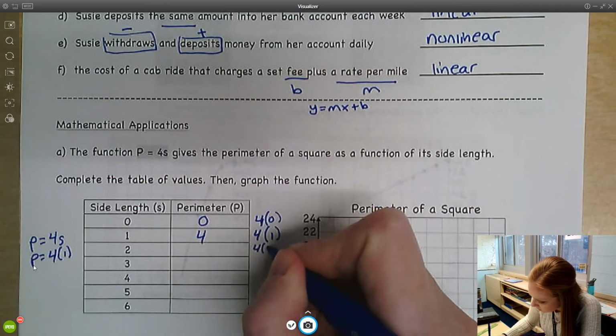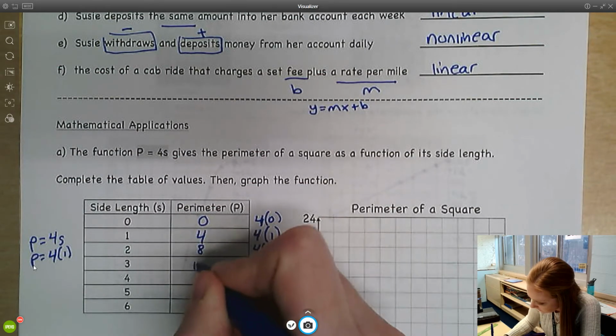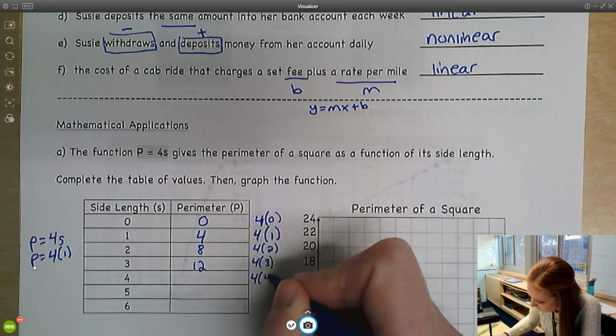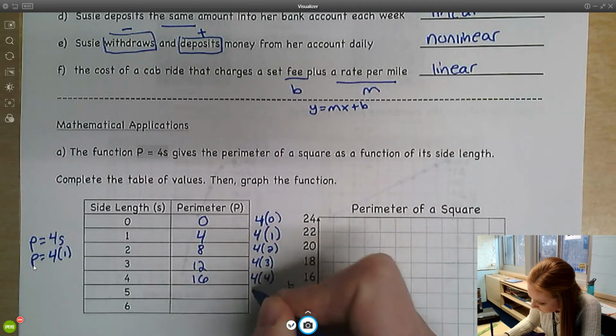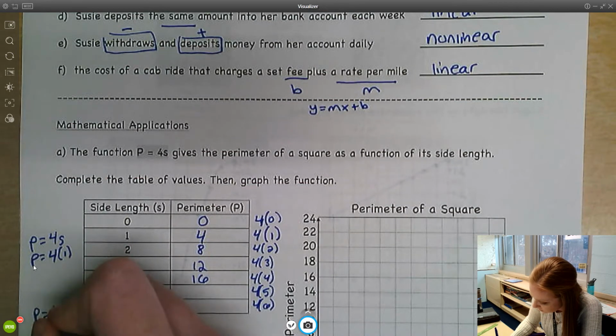Now we're going to do 4 times 2, 4 times 3, 4 times 4, 4 times 5, and then 4 times 6. And again, we're just plugging into this equation, right? So for the last one, P equals 4s, so P equals 4 times the side length of 6.